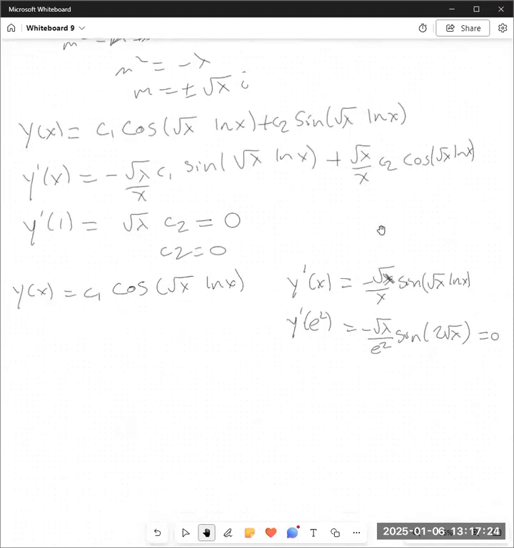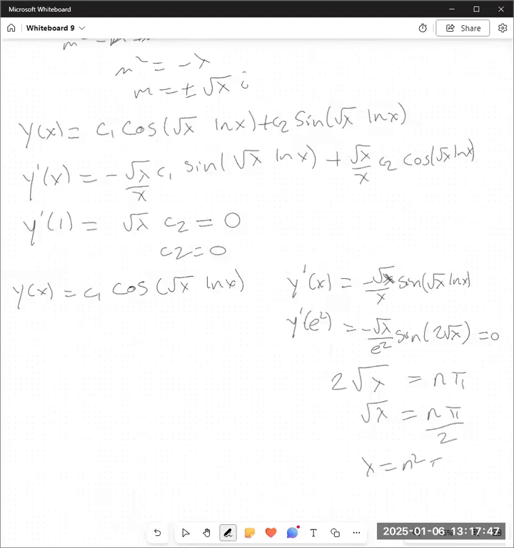So that means that 2 root lambda equals n pi, the zeros of sine, and root lambda is going to be equal to n pi over 2. Lambda is going to be n squared pi squared over 4. N is going to be allowed to be 0, 1, 2, 3, and so on and so forth.